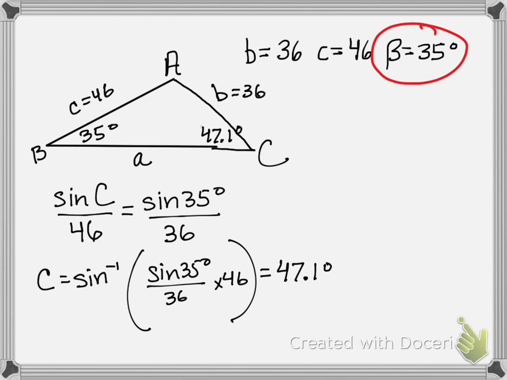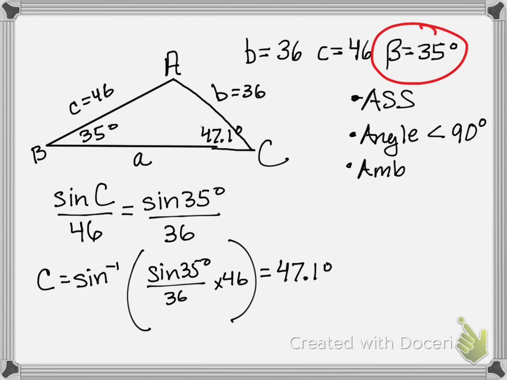So what we're keeping track of is that it's an ASS case and the angle is acute, less than 90 degrees. If that is the case, ambiguity is possible. Do you know what ambiguity means? It means it's not certain. It's not definitively one answer.